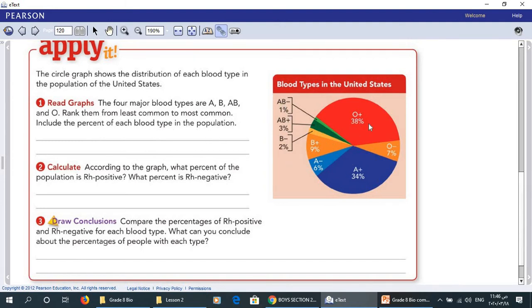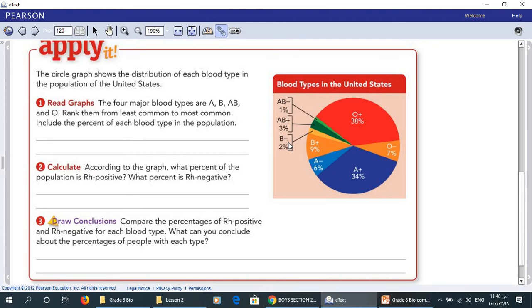Look here. We have type O positive, O negative, A positive, A negative, B positive, and here we have AB negative, AB positive.